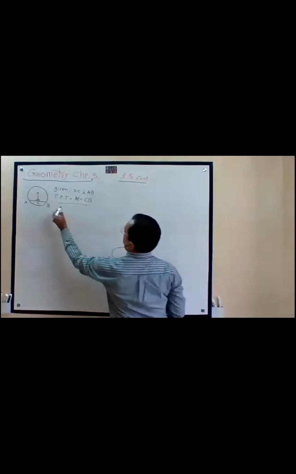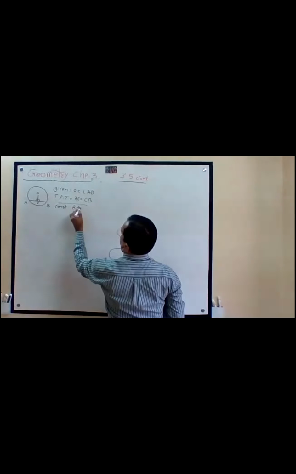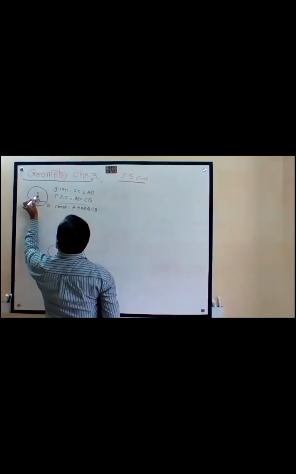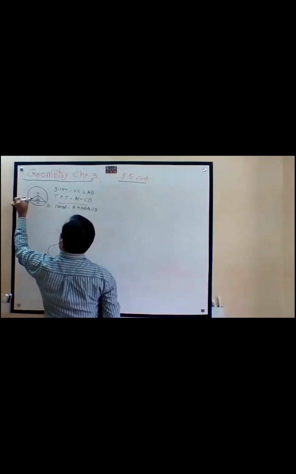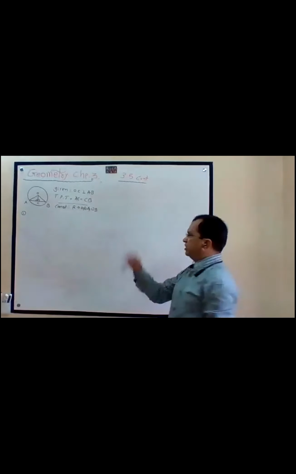Now construction: radii OA and OB. Proof, number 1, both the triangles.